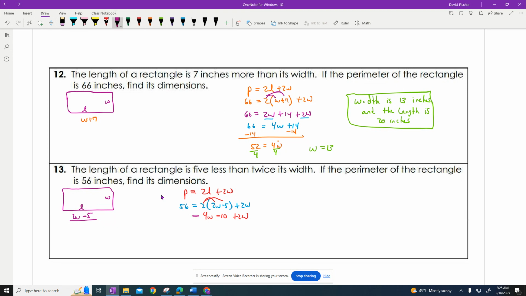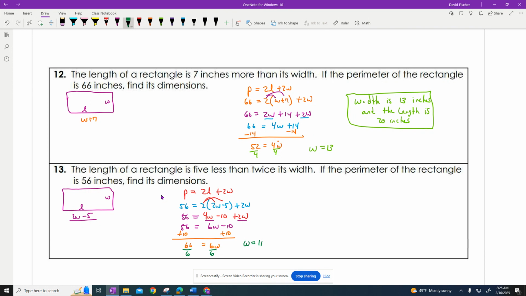Oops, I forgot my equal sign here. Got like terms. 66, and let's get rid of that 6. I got W equals 11. Oh wait, yeah, 11? Yeah.